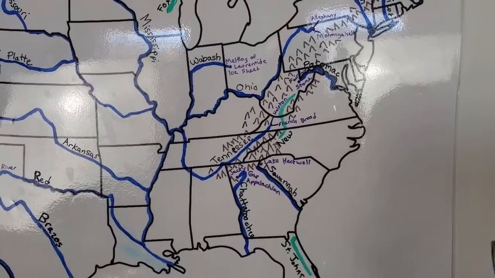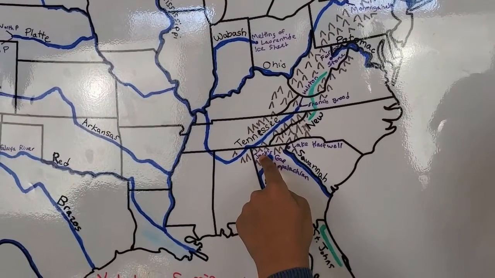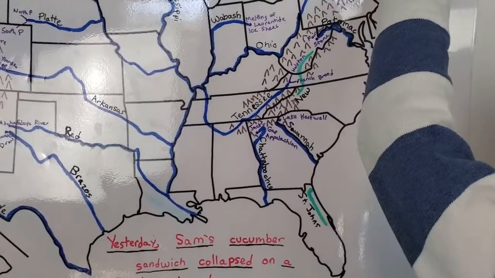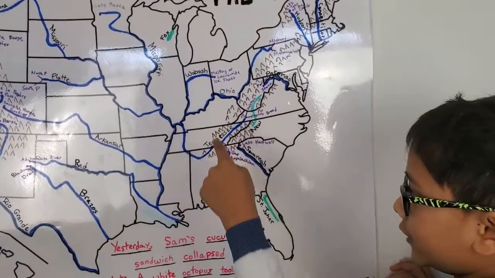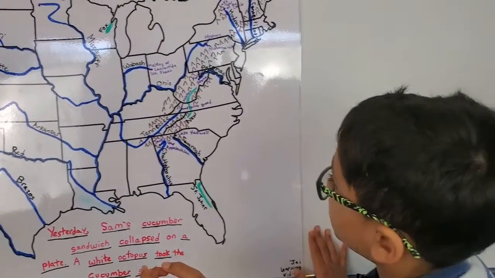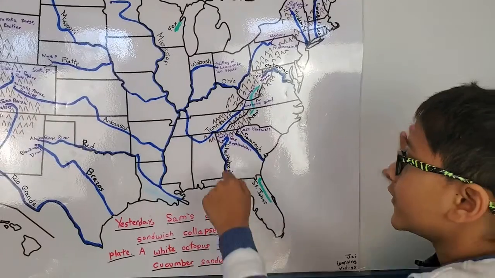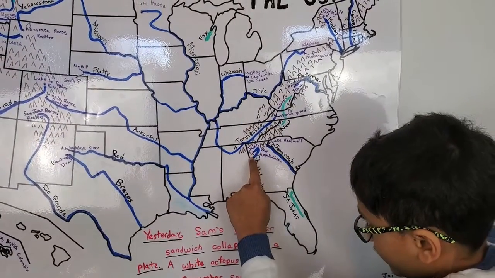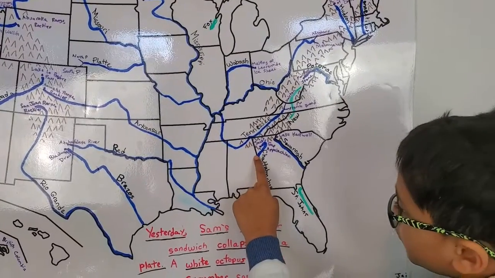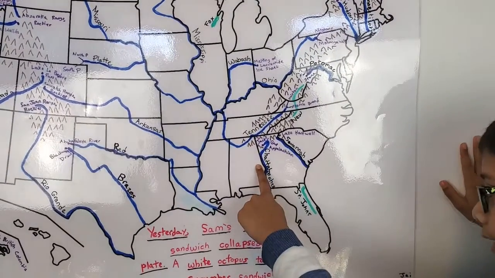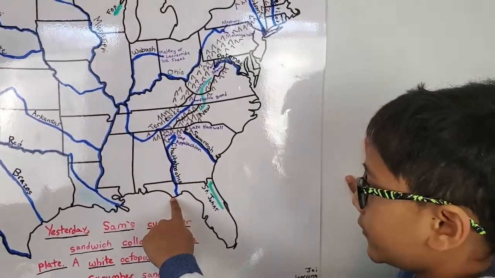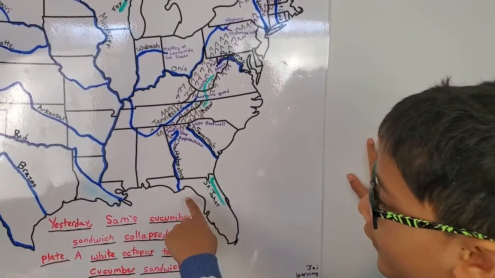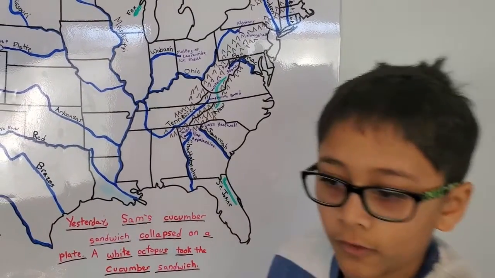Chattahoochee. That's formed in Jack's Gap in the Appalachian Mountains, which you can see all of these mountains are the Appalachians. So it started in Georgia, then it forms a natural border between Georgia and Alabama, then flows into the panhandle of Florida and empties out in the Gulf of Mexico.